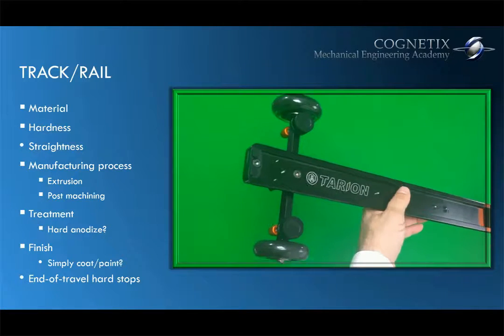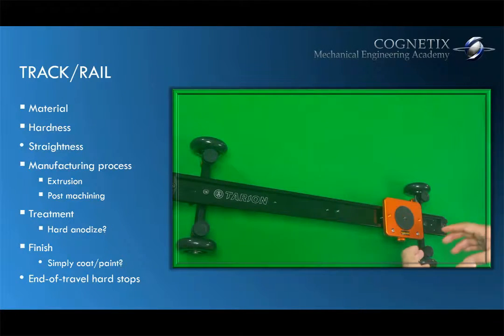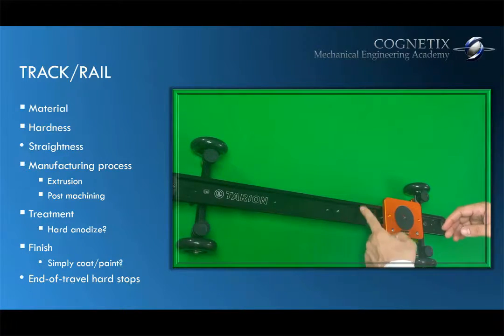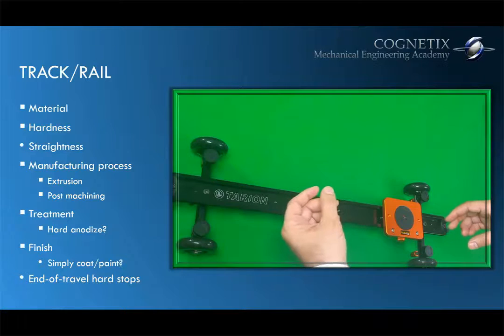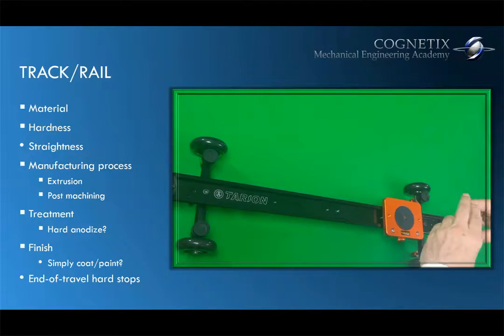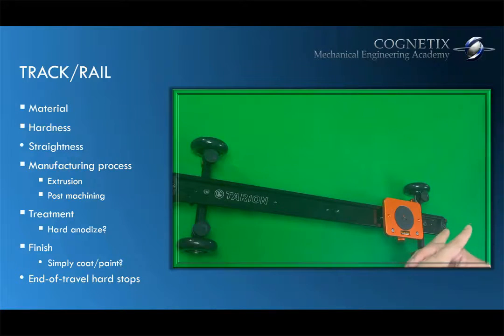That's the manufacturing process. So the tooling will have an opening which is shaped in the cross-section profile that you're after, and the material will be extruded through that opening.